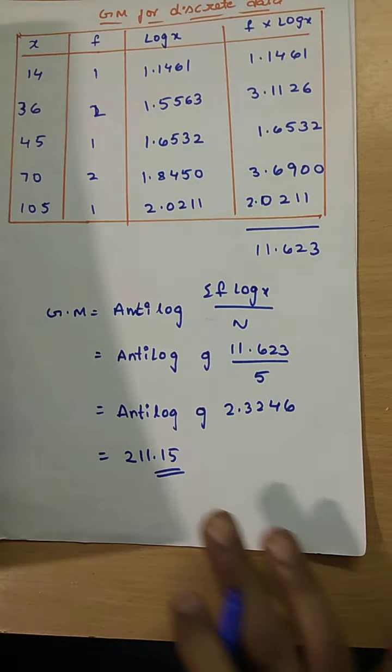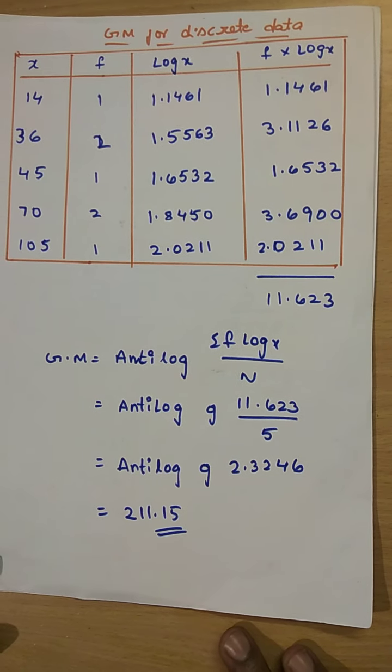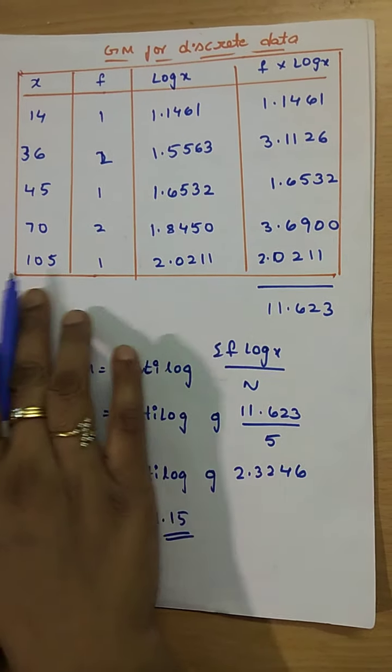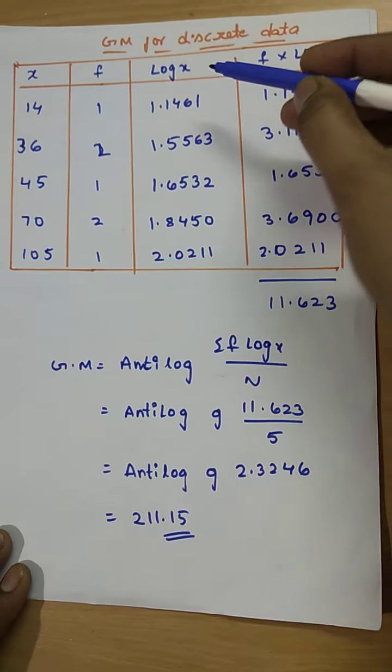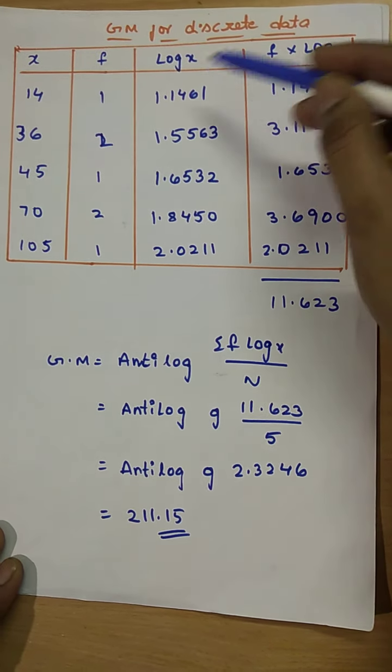Now I am going to explain geometric mean for discrete data. This is the discrete data: x values and frequencies. For these x values we need to find the log values, and after that f into log x.